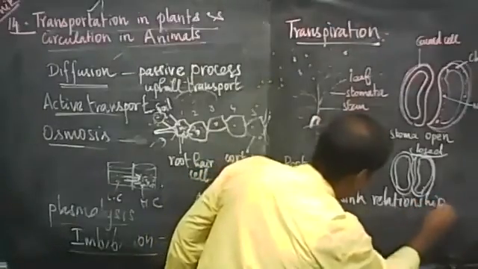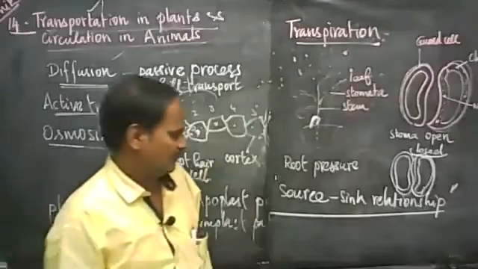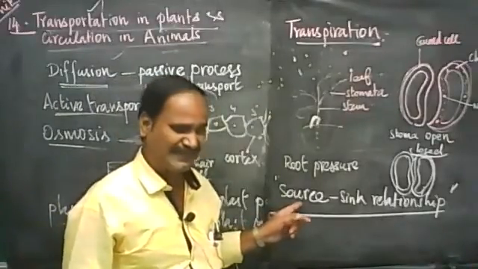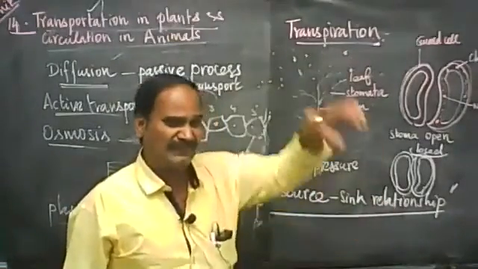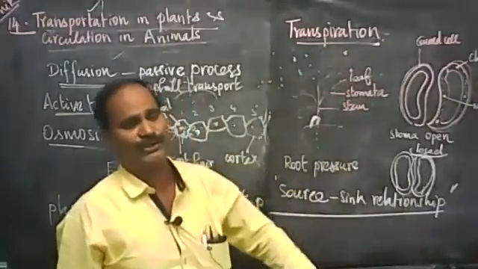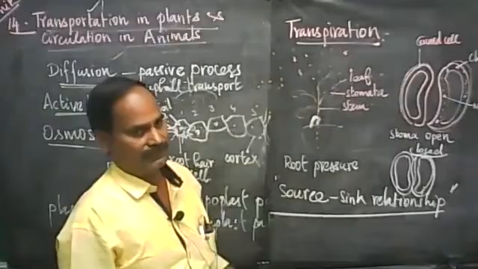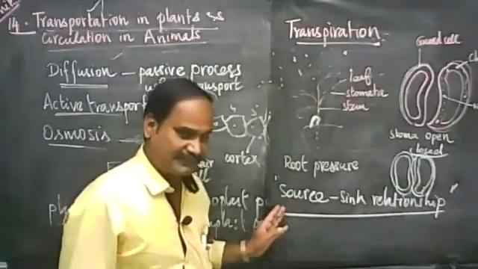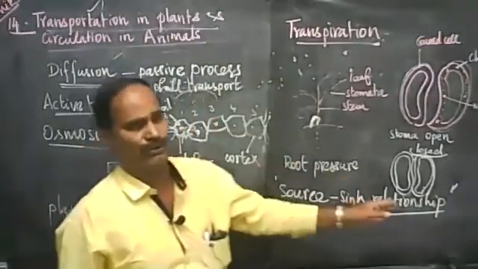What is the meaning of source sink relationship? The source is the part that produces food by means of photosynthetic activity in the plant. The sink is the part with a requirement of that particular part, where carbohydrates or sucrose are transported.